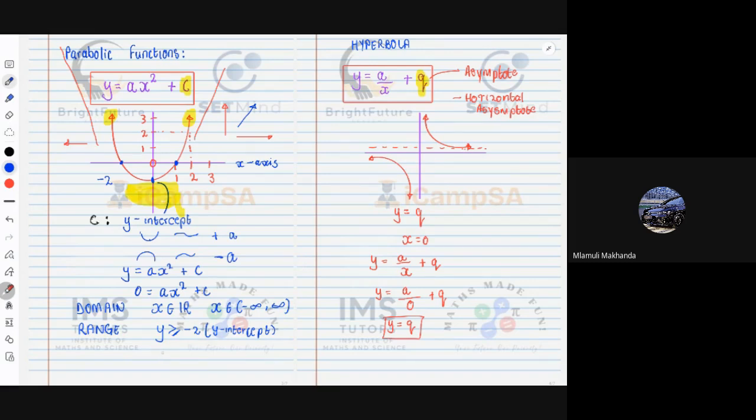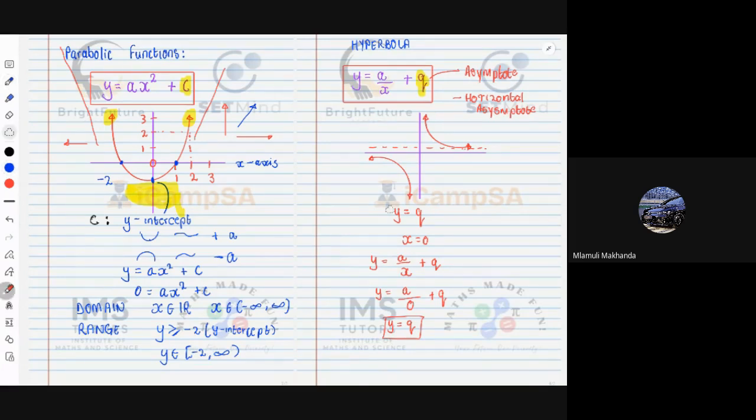We can say y is the element of, now we're dealing with numbers, always starting with the smaller one, which in this case is -2 with a square bracket, and then our function goes towards positive infinity, with a round bracket. Okay, so that's the range for the parabolic function.